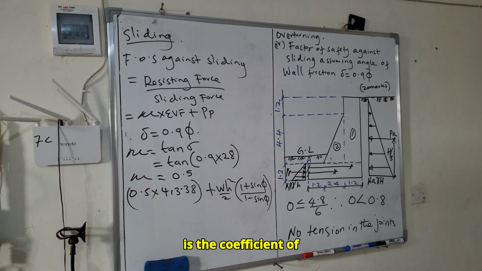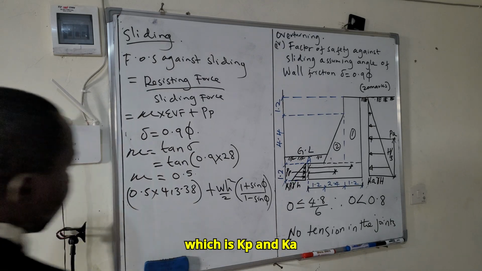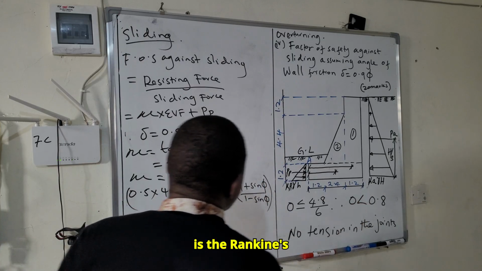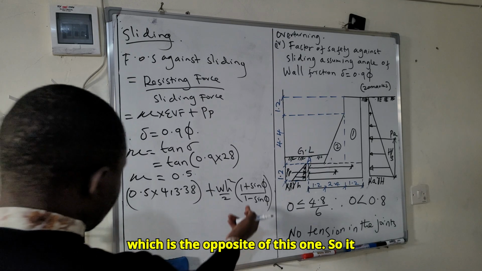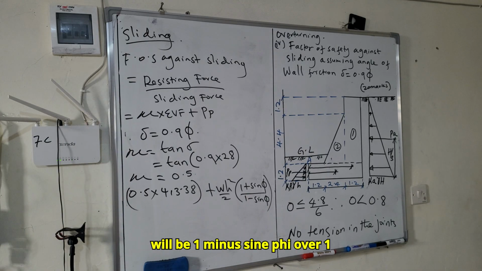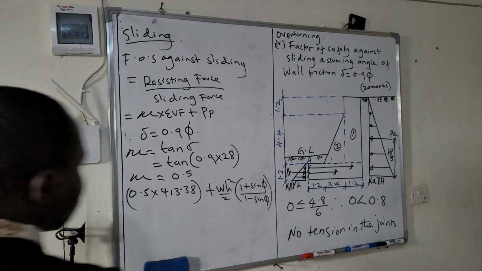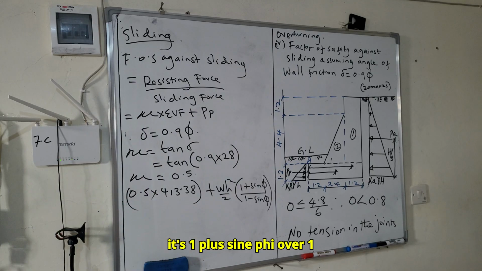Remember, this is the coefficient of Rankine's passive pressure, which is Kp, and Ka is the Rankine's coefficient of active pressure, which is the opposite of this one. So it will be 1 minus sine phi over 1 plus sine phi. But for the passive, it is 1 plus sine phi over 1 minus sine phi.